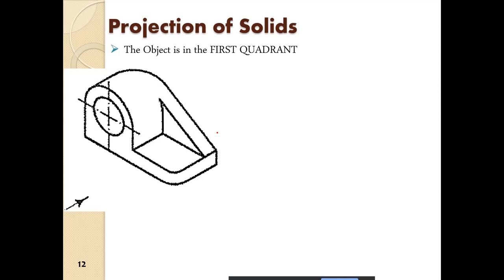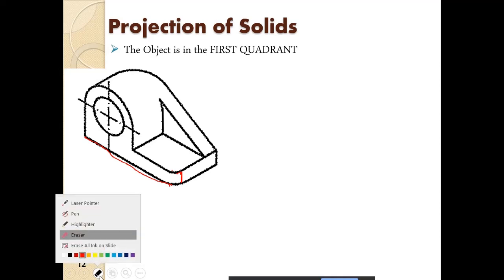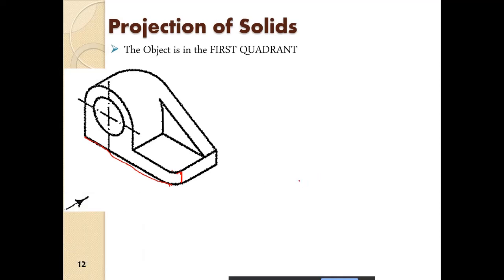So let us, for quick understanding, try some simple geometry again. If I try from here, what will be the front view? I will see this plane up to this edge over here. Okay, so that is the line over here.